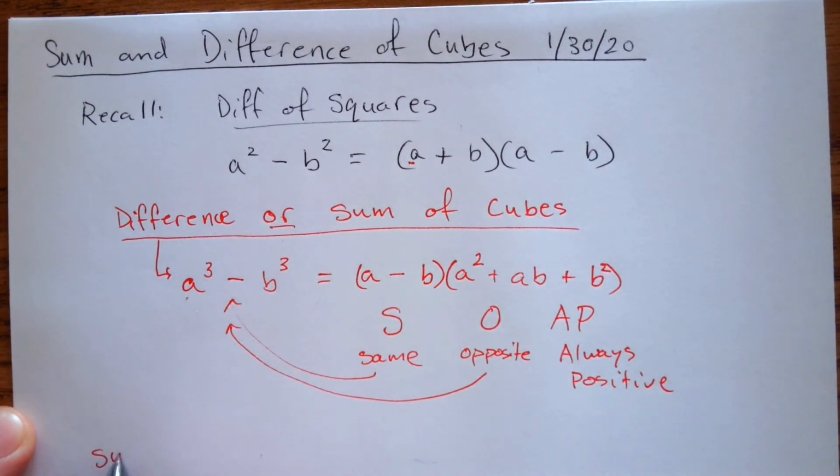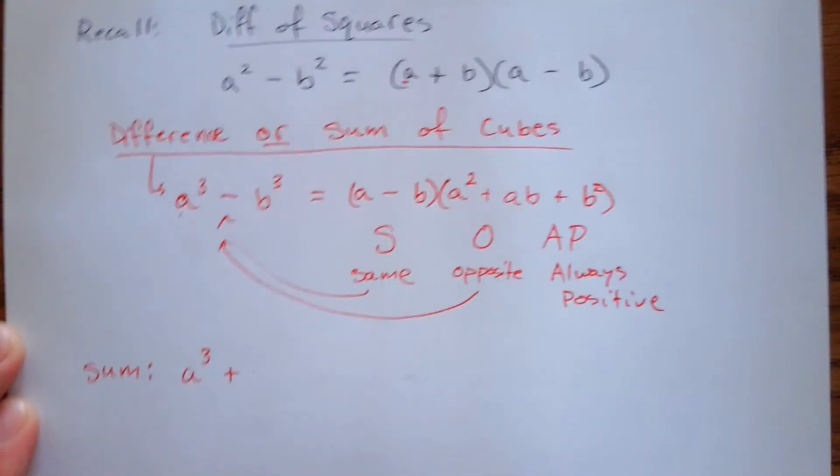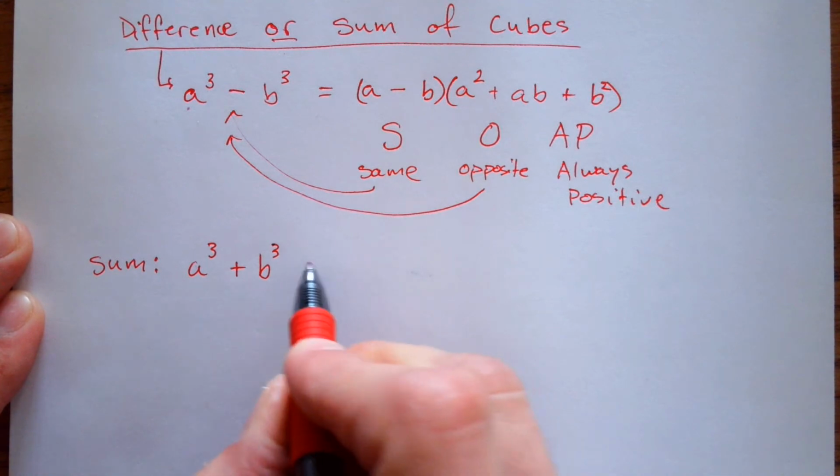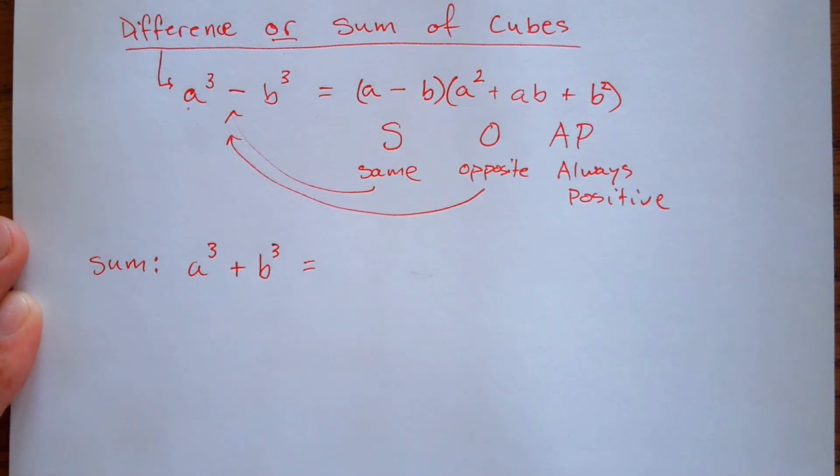I'm going to say here is the sum of cubes, and I'll have something cubed, so a cubed plus, because we're doing the sum, plus b cubed.